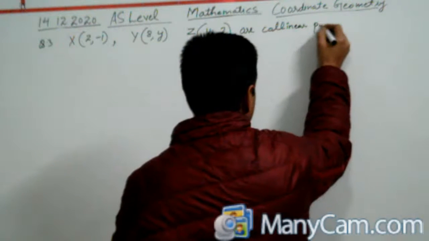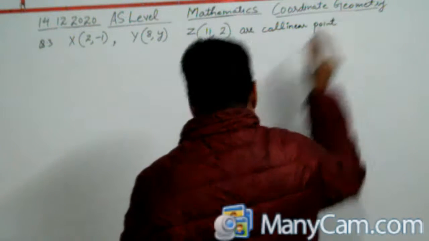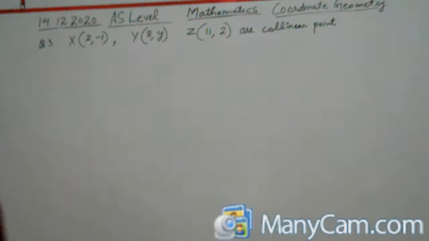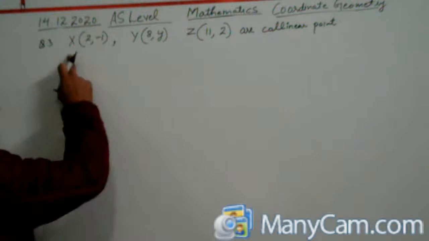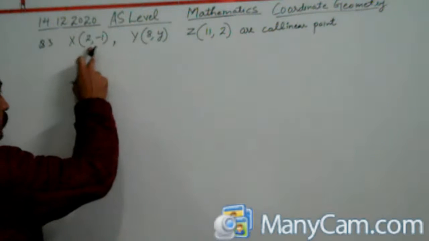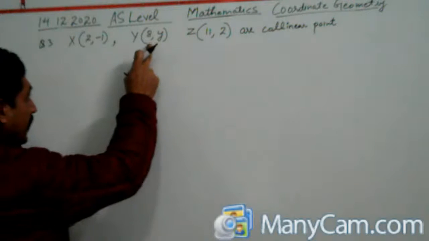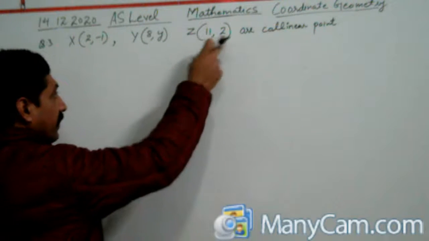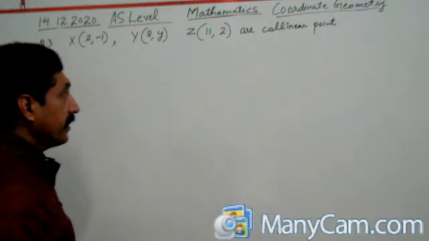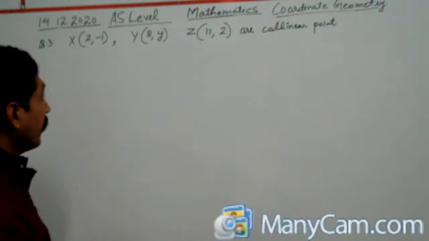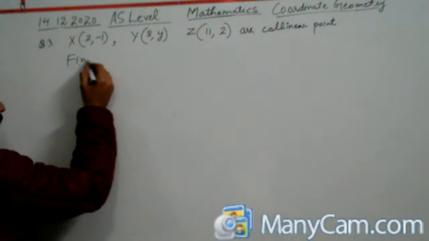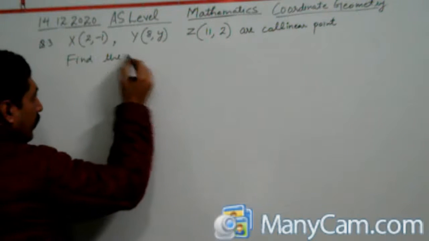Collinear points means they lie on the same line. Find the value of y.